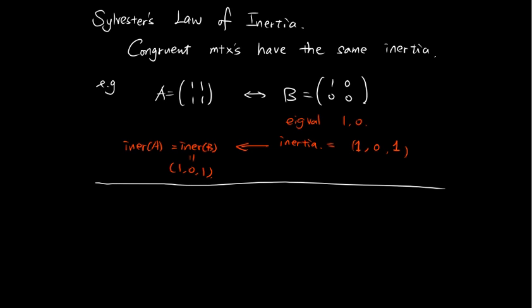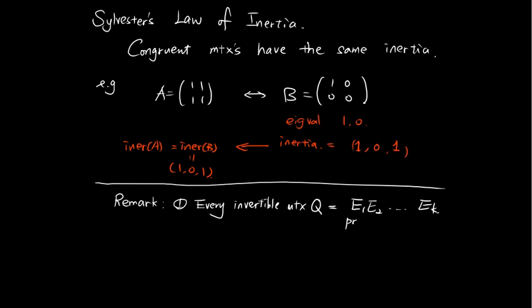So the final remarks are like the following. The first one: every invertible matrix Q is equal to E1, E2, up to Ek, a product of elementary matrices.